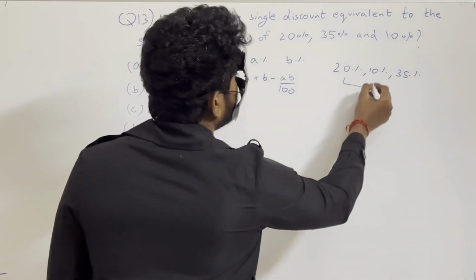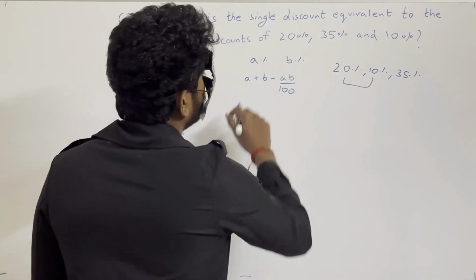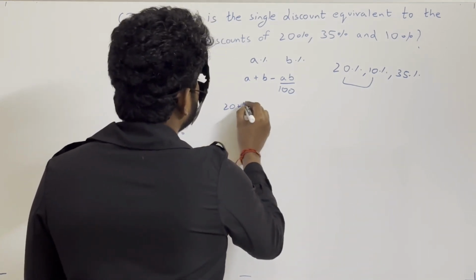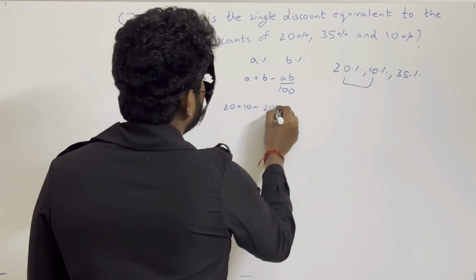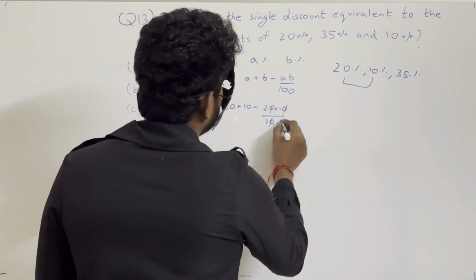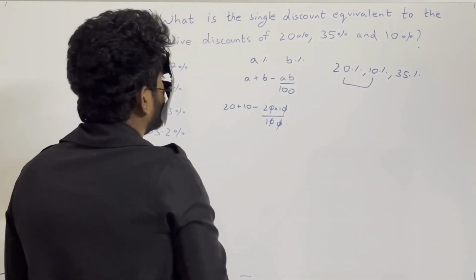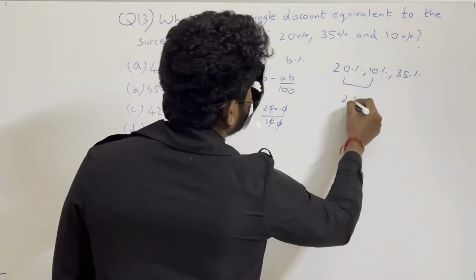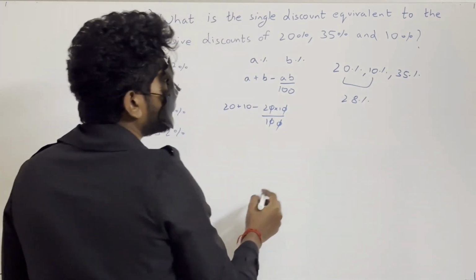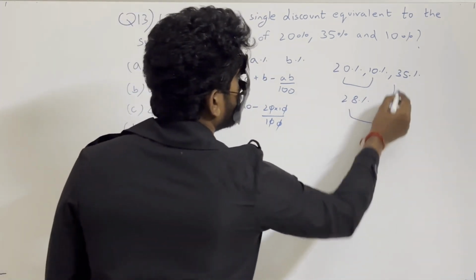So now let's combine these two, 20% and 10%, using this formula. It's nothing but 20 plus 10 minus 20 into 10 by 100. 0 will get cancelled. So 30 minus 2 is nothing but 28. So this will be 28. Now we have to club 28 and 35, right? 28 and 35.